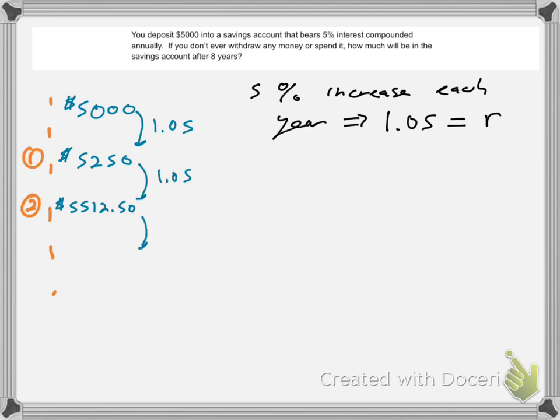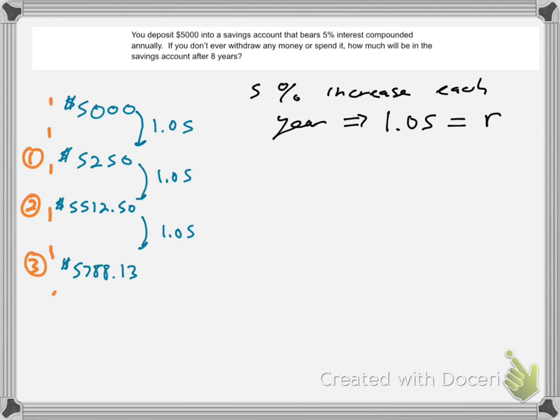So I multiply by 1.05 again, and I get 5788.13, and I could keep going. I'm actually not going to do each of these. I'm just going to jump to the end. I'd have to do it 5 more times because this is year 3, right?